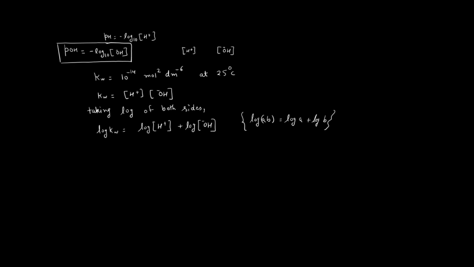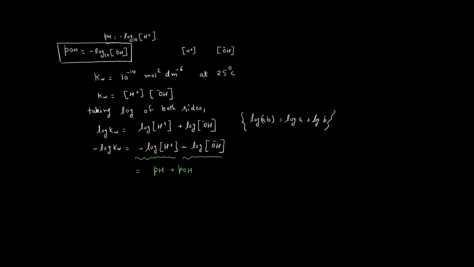Now if we multiply by a negative sign on both the sides, we get minus log Kw equals minus log H plus ion concentration minus log OH negative ion concentration. Now we know that minus log H plus ion concentration is pH and minus log OH negative ion concentration is pOH, and the Kw value is 10 to the power minus 14.